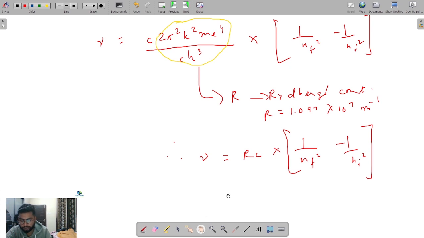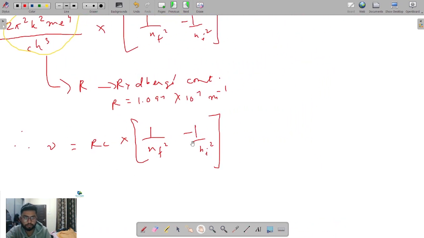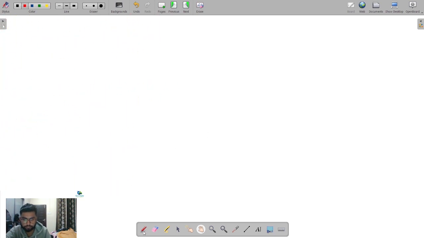Now for higher state ni is equal to 4 and lower state nf equals 3 to 1.